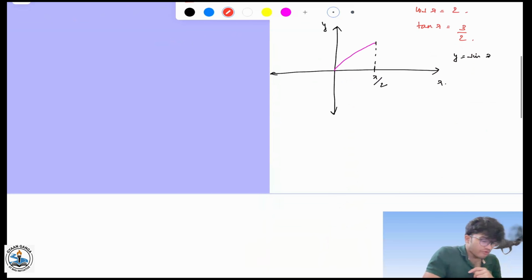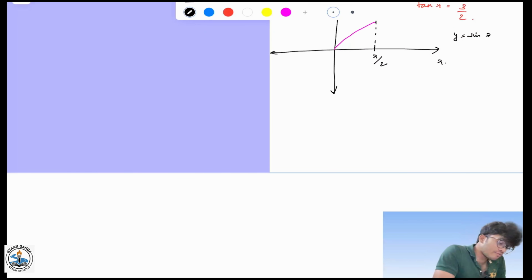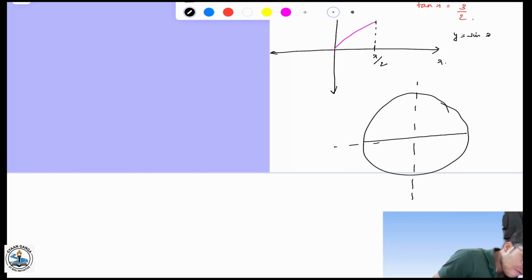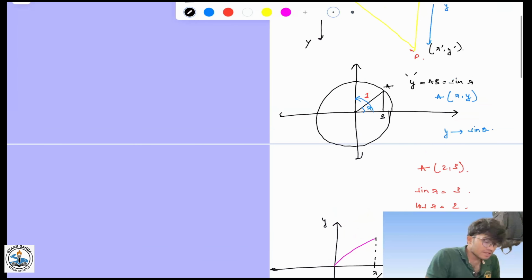Now for a brief moment, I want you to imagine this. This is a unit circle, and I divided it into 4 quadrants, as you can see in this case. There are 4 quadrants: 1, 2, 3, and 4.